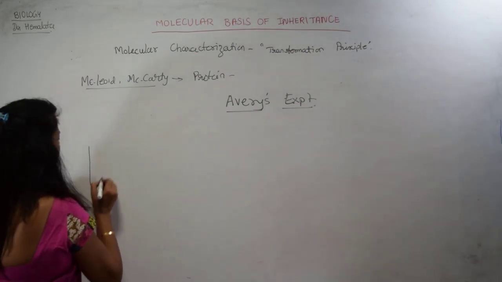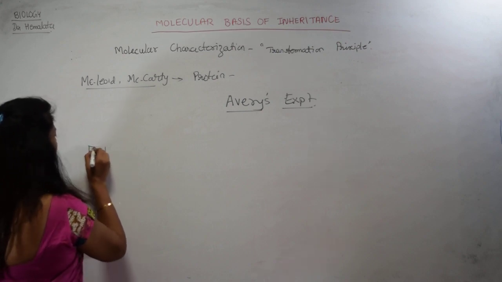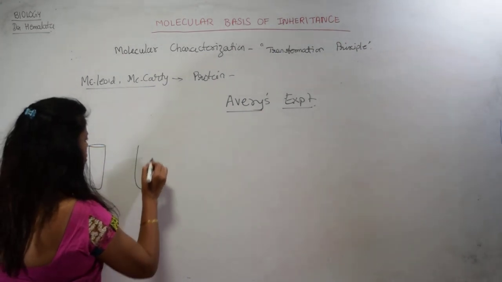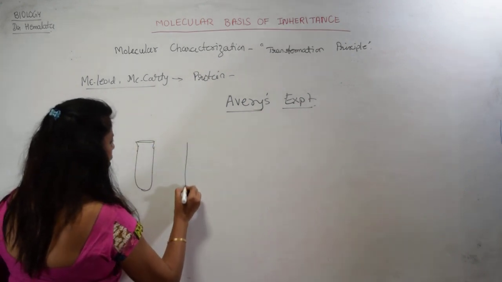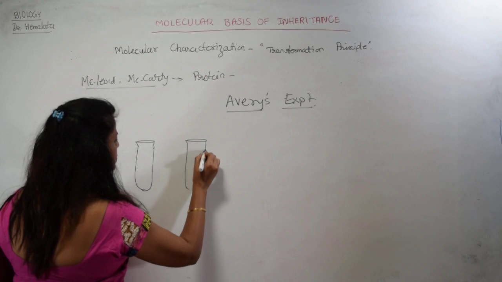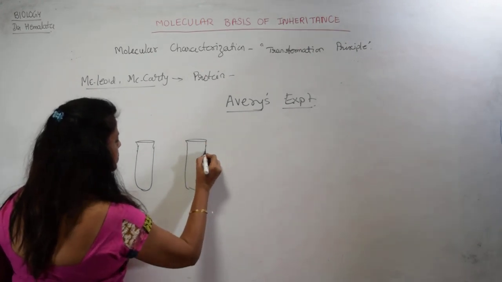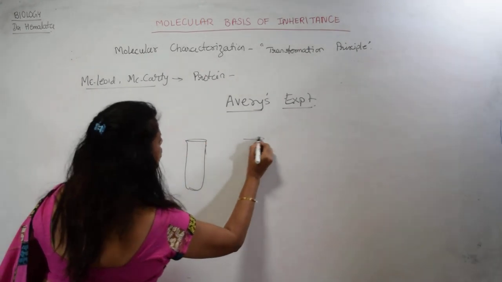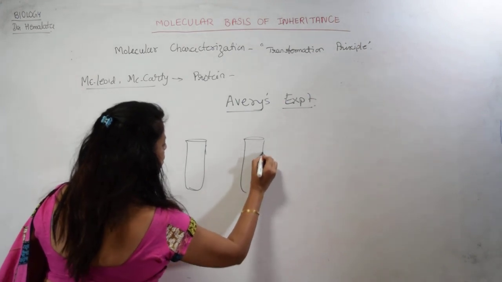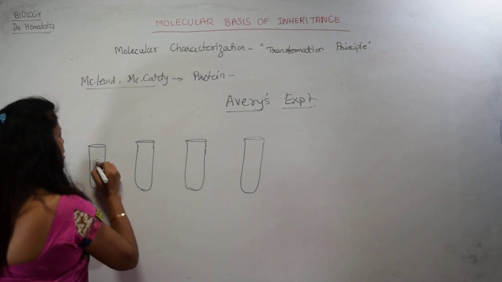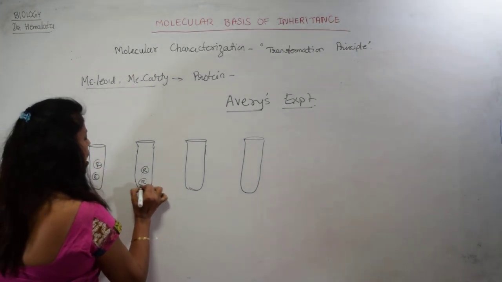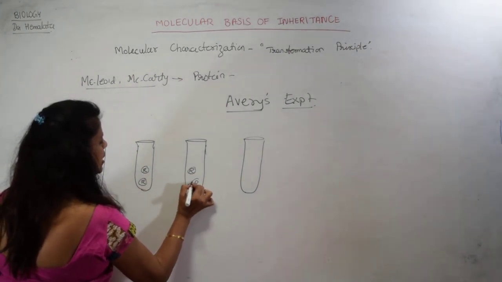This is one test tube, this is the second test tube, the third one, and the fourth one. He took 4 test tubes. In all of them they kept live R strain bacteria.